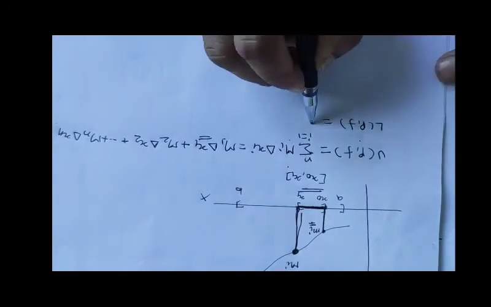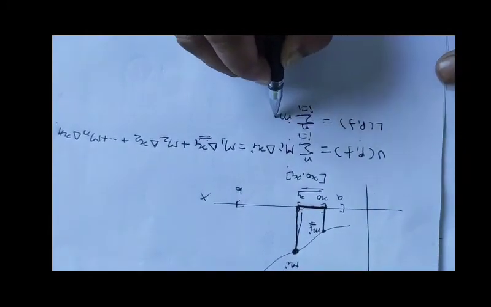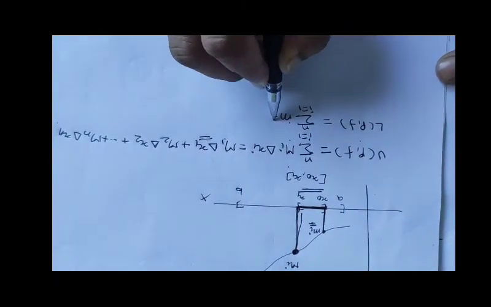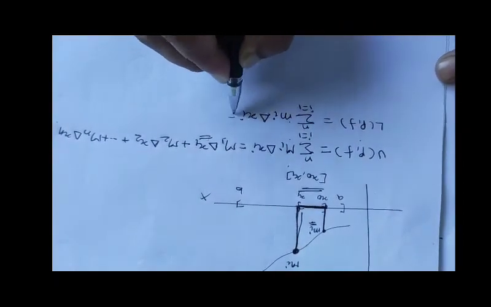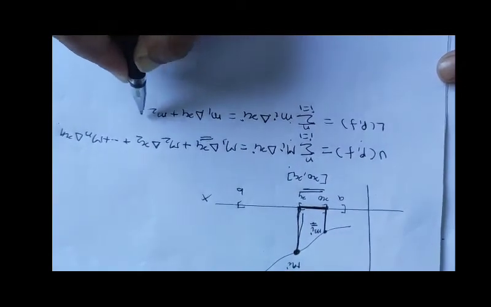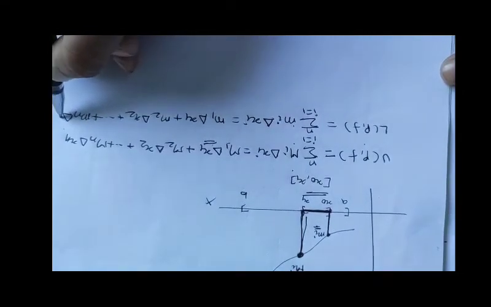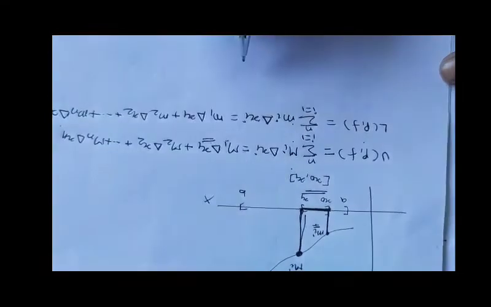Remember, L(P, f) is also a sum, indicated by the summation, i running from 1 to n, of mi delta xi, where this is the small m1. So m1 delta x1 plus m2 delta x2 up to mn delta xn.